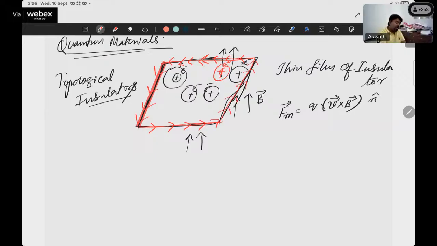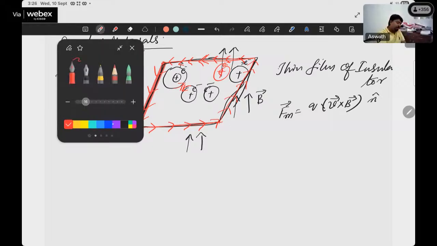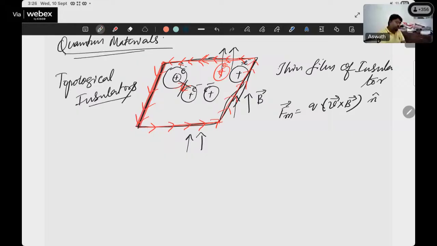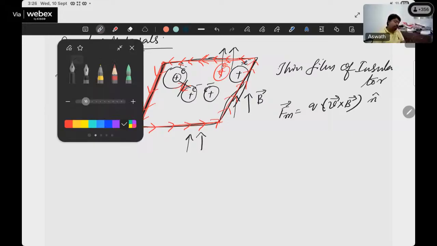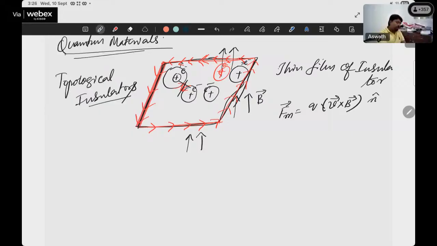If you see inside, there is a current due to this electron in this way, and there is a current due to this electron in the opposite way. They just nullify the current completely. So there is no contribution from the inside of such an insulator.